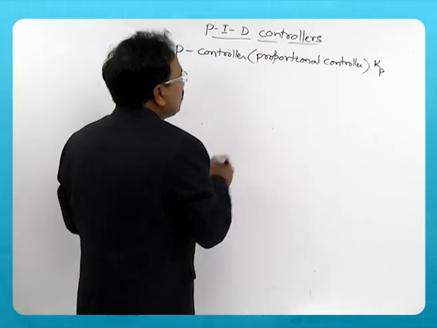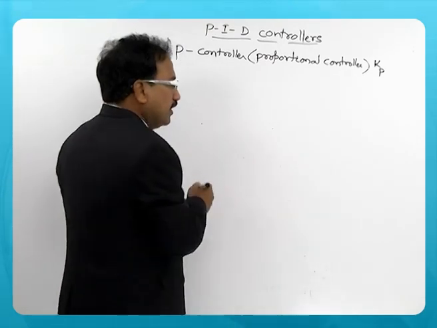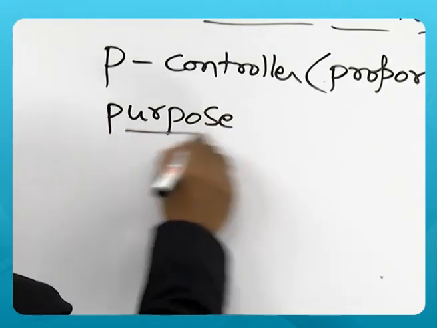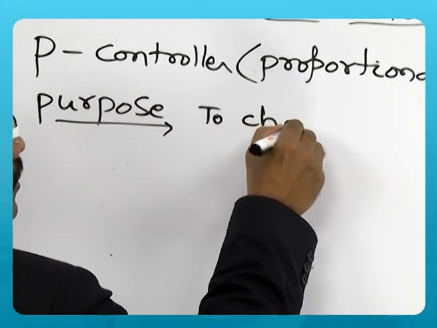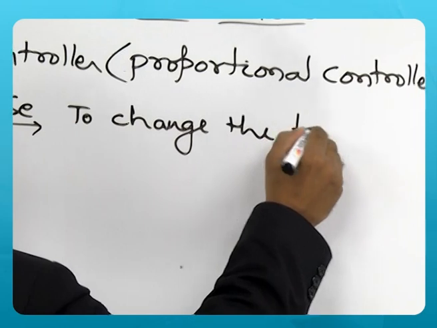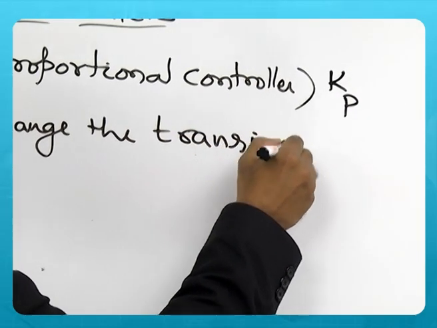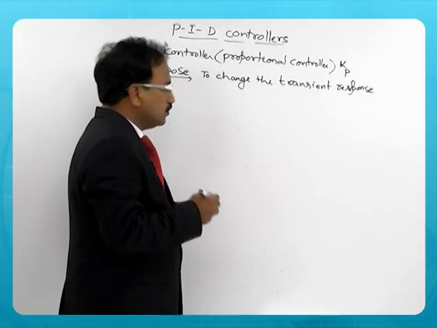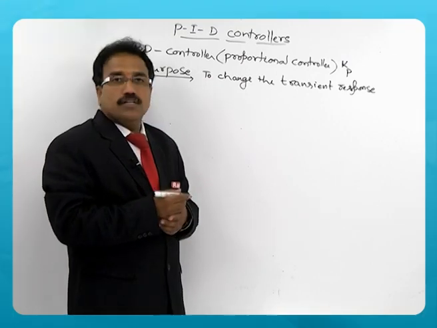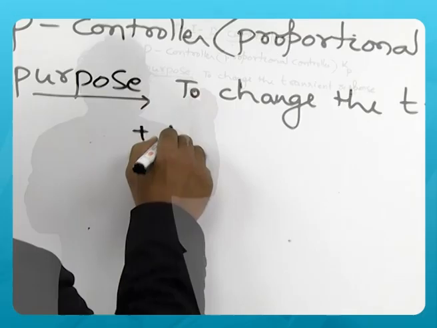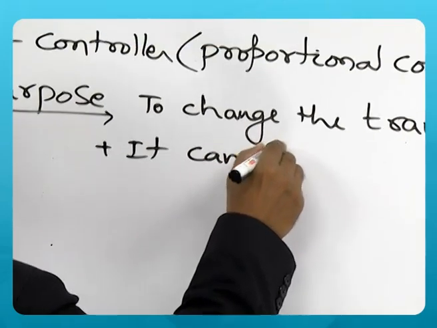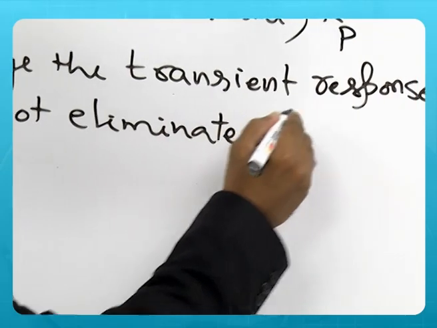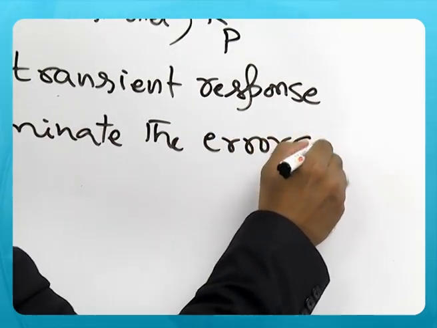The purpose of this proportional controller is to change the transient response, but it cannot eliminate the error completely.